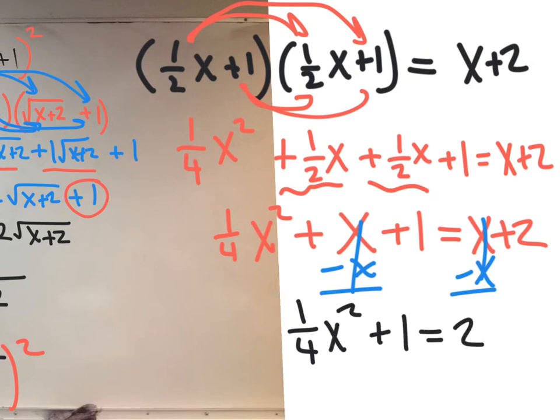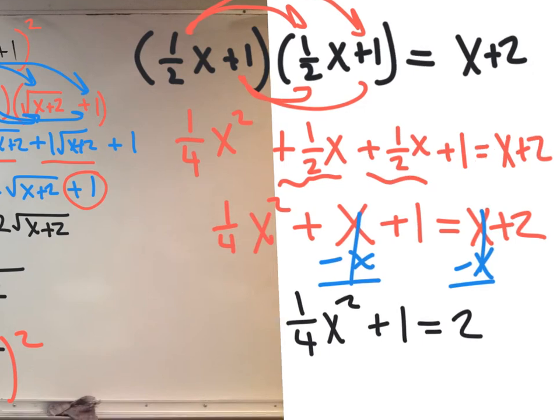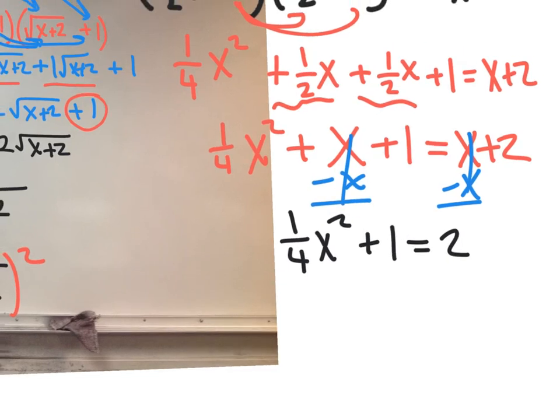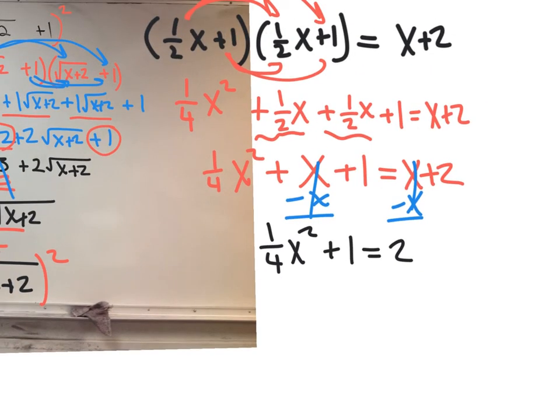So now at this point, it makes more sense to get the x squared by itself, get rid of this and this, then at the very end, square root both sides. Does that make sense? To get the x by itself? So that's what I'm going to do. I'm going to get the x squared by itself. Let's subtract 1, subtract 1.